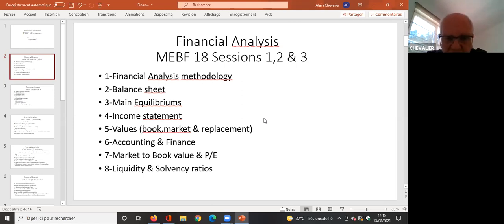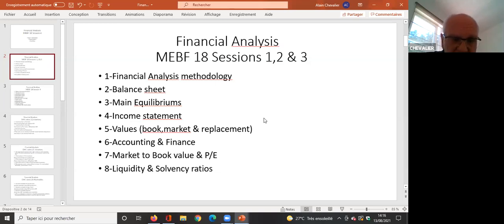During session 2, we studied the different presentations of income statements, mainly 2 of them, and the value. After that, we had also discussion on book, market, and replacement values, which is one of the most interesting points.